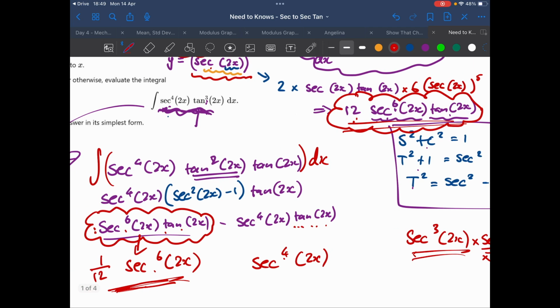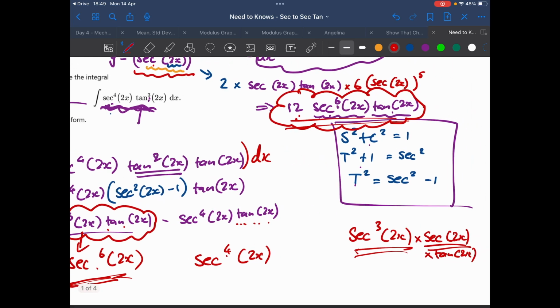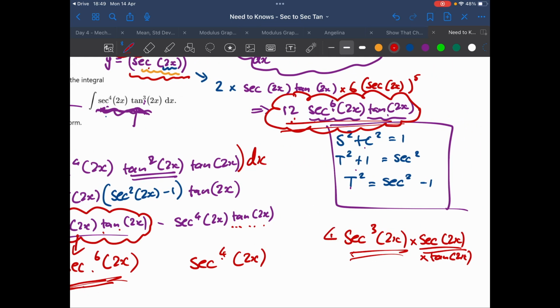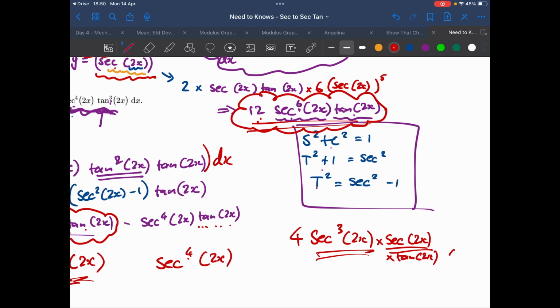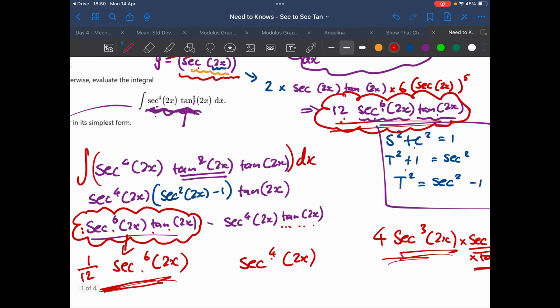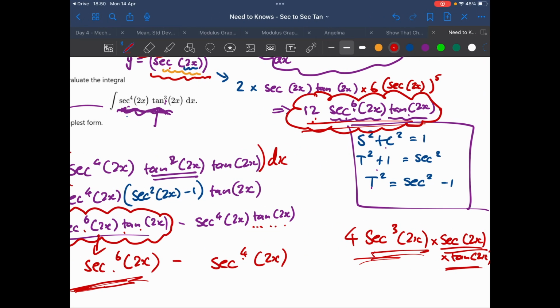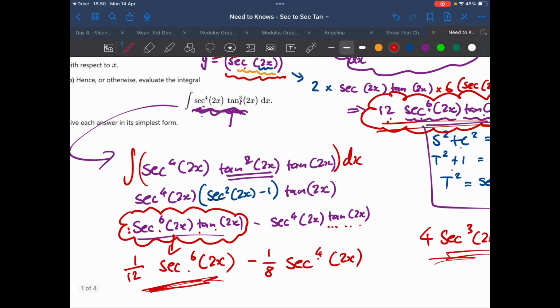And now we need to think about the number part, because at the moment, when I differentiate, I'll get 4 sec cubed. I'll get all of this, and then I'll also get a times 2, because there's 2x. These I will get from the chain rule. So how can I compensate against that? Well, it seems as though it needs to be minus an eighth. And in fact, yes, that is the final answer if I put it with a plus c.